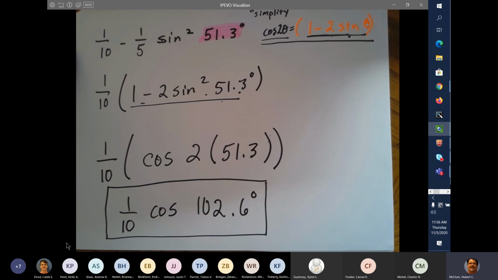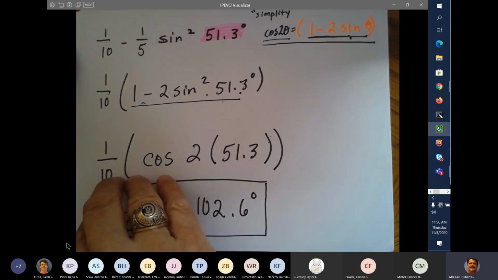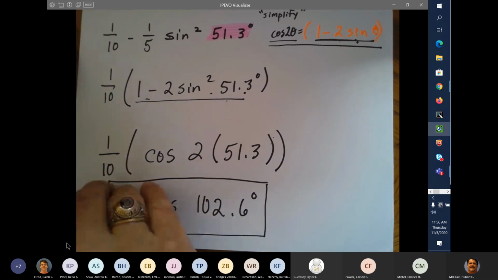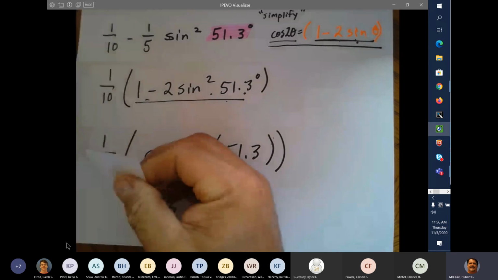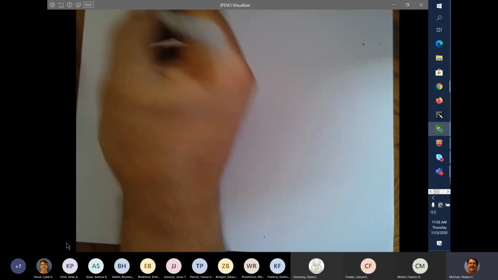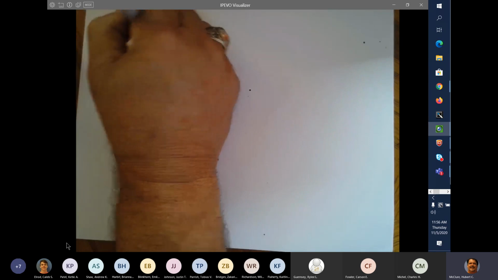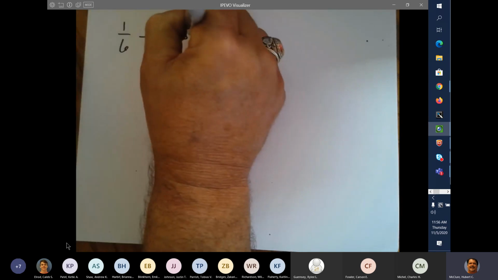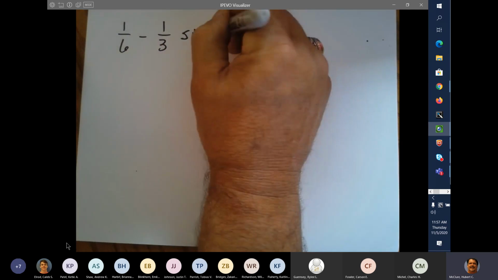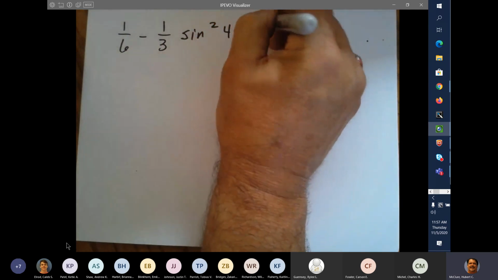So I'm going to give you another one. And I can't tell you which one it is, but this is another one of y'all's homework questions that y'all sent me. It's like this one. And this one says 1/6 minus 1/3 sine squared of 45.4 degrees.